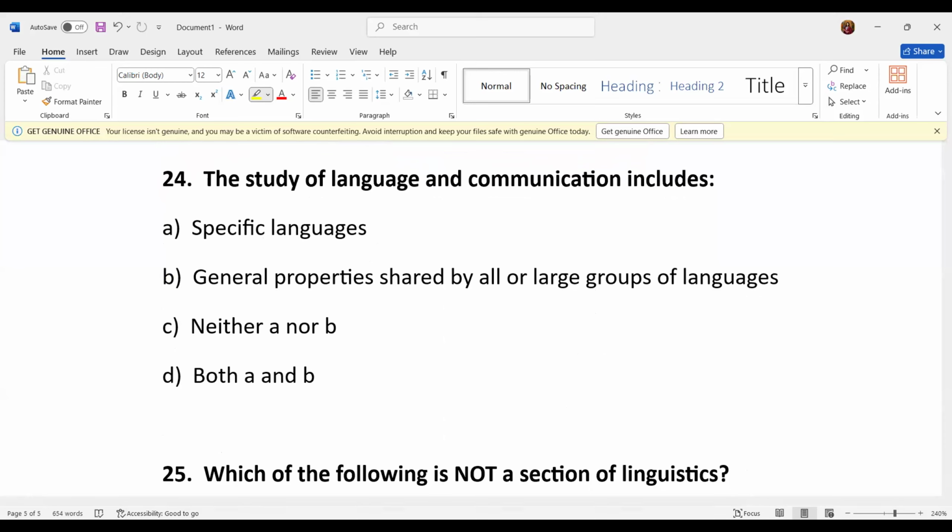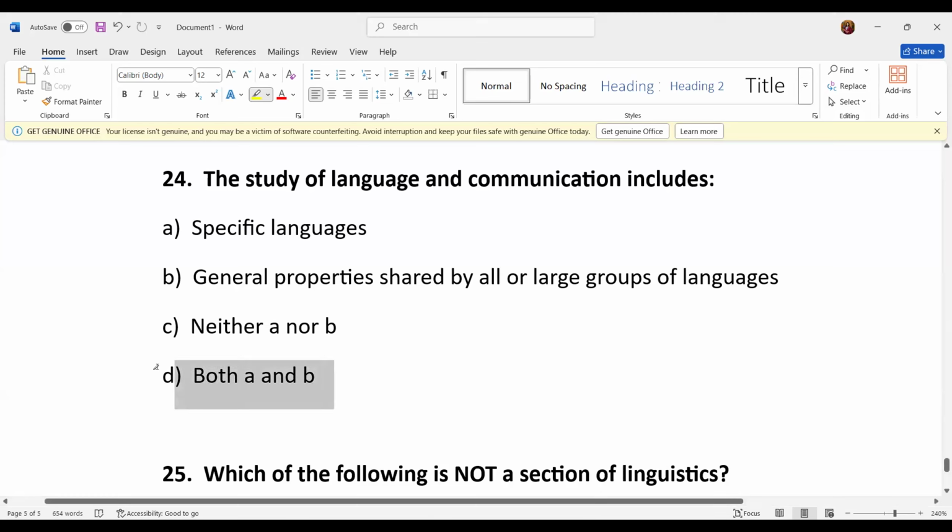The study of language and communication include both A and B. That means answer D is the correct one. Very good.